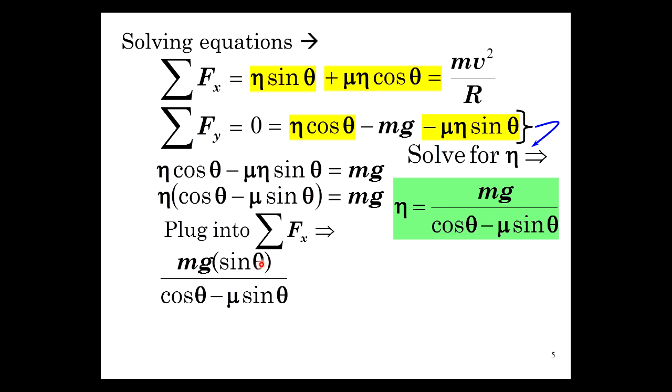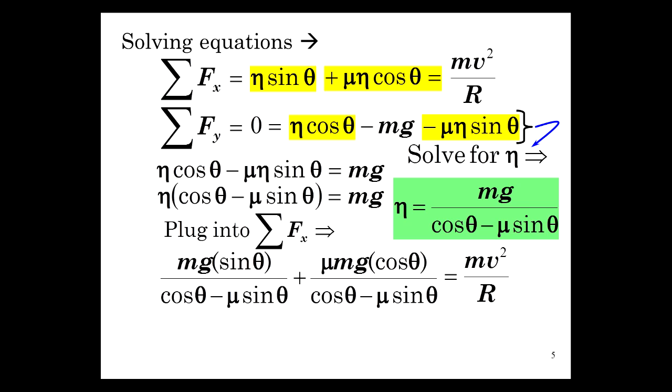There it is, mg sine of theta over cosine of theta minus mu sine of theta. Then we're going to add to that mu n cosine of theta. So there's mu cosine of theta times mg over cosine of theta minus mu sine of theta, the normal force.